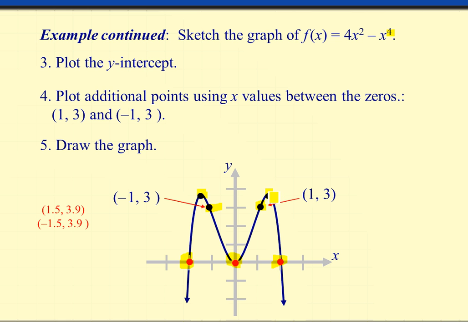Finding the tops of these points that I've got highlighted, where the graph turns around, that's really a calculus issue. We don't really know that x equal 1.5 gives us that top value where it turns around, or negative 1.5. That's something that we have to wait to do until we get to calculus.